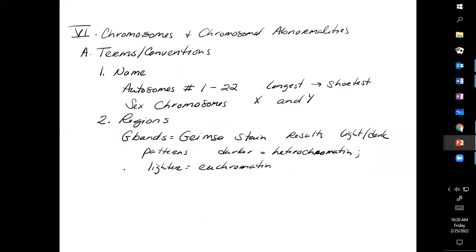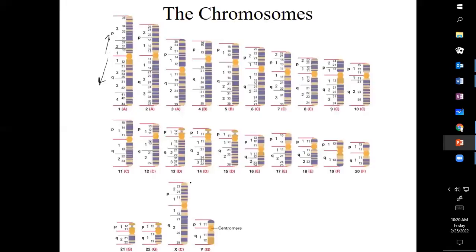Write this down. So the G bands form the banding patterns, and these banding regions are numbered starting from the centromere outward. So if we look at that, that means that we actually have two arms.